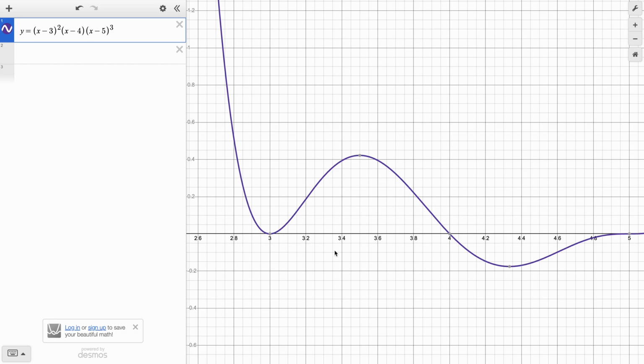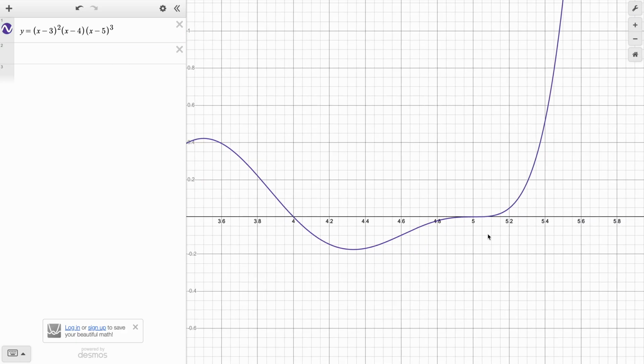For 3, it's a bounce back because it's an even exponent 2, and for 4, it's going through because the exponent is only 1, and for x minus 5, the exponent 3 is a cubed function, which means it will be going through with a flat region.